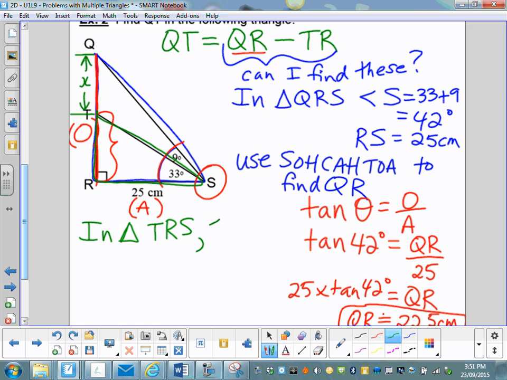In that triangle, angle S is equal to 33 degrees, so that's this angle here, and RS is equal to 25 centimeters.